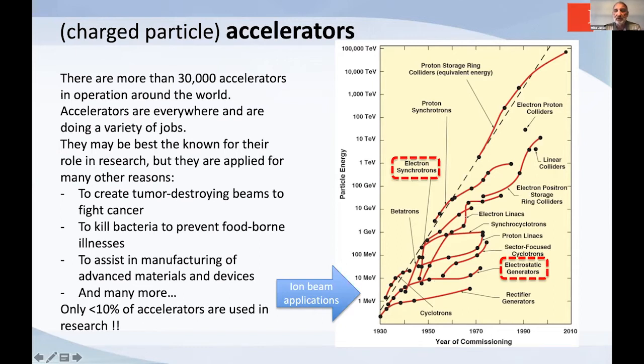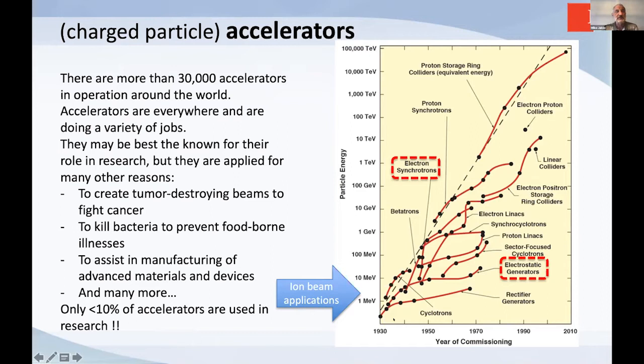Although all these high energy accelerators were produced over decades, and you can see an almost linear increase of the final energy, still the most used and most applied ones are at the very low energy scale.